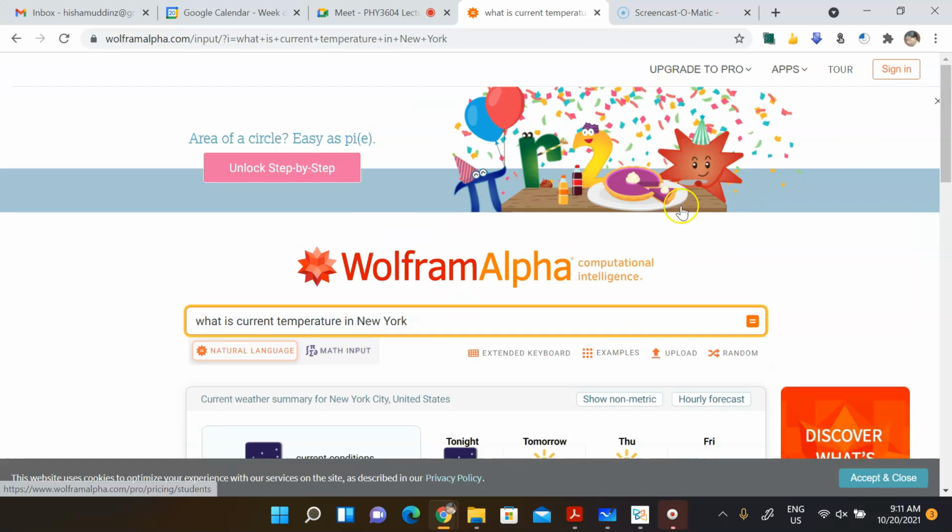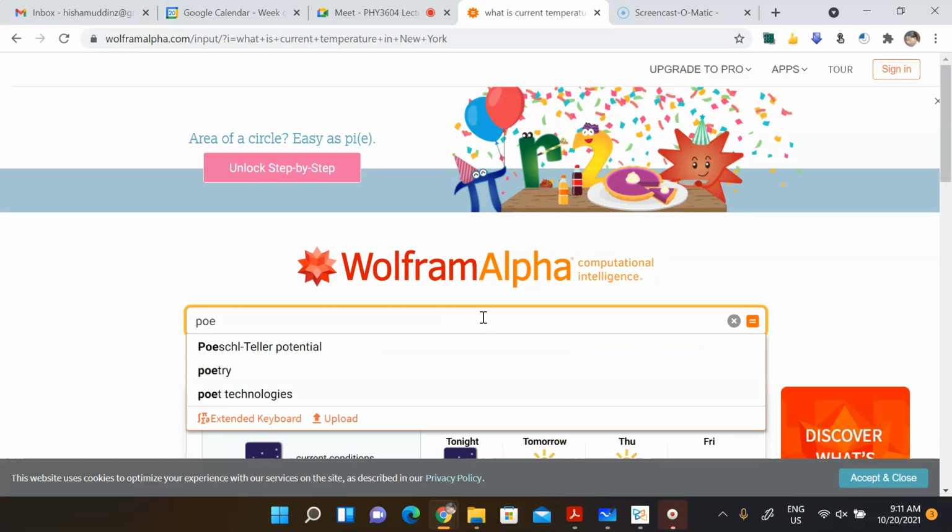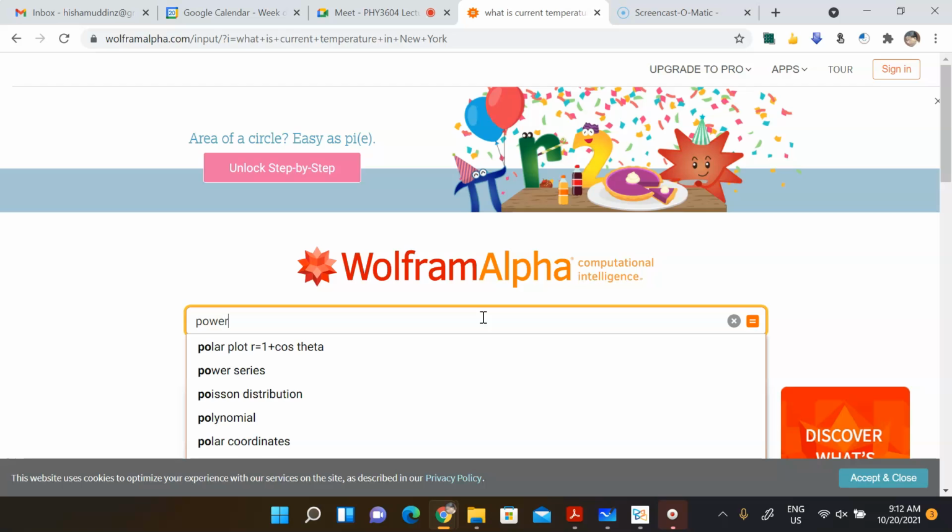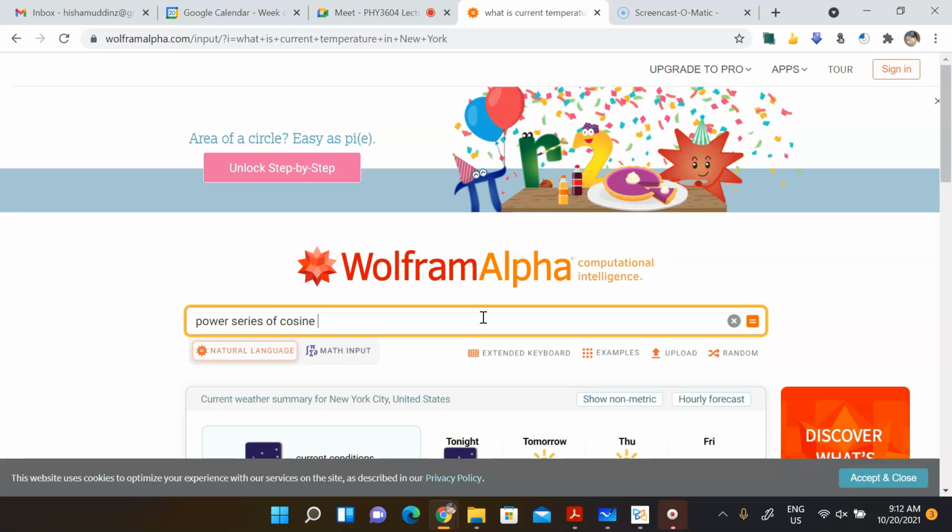Now the point why I want to introduce this Wolfram Alpha is that you can use this to do your homework. Okay, but you have to understand so that you'll be able to understand the answers. For example, now I can ask it to give the power series of cosine x.